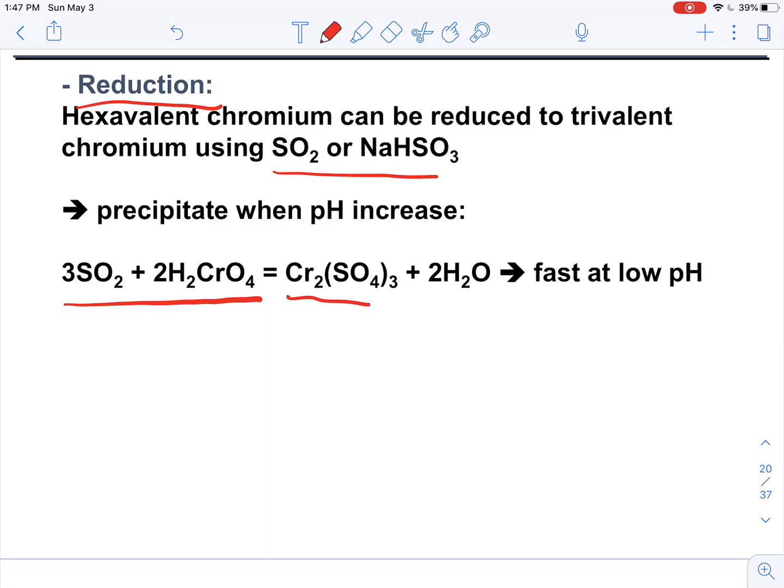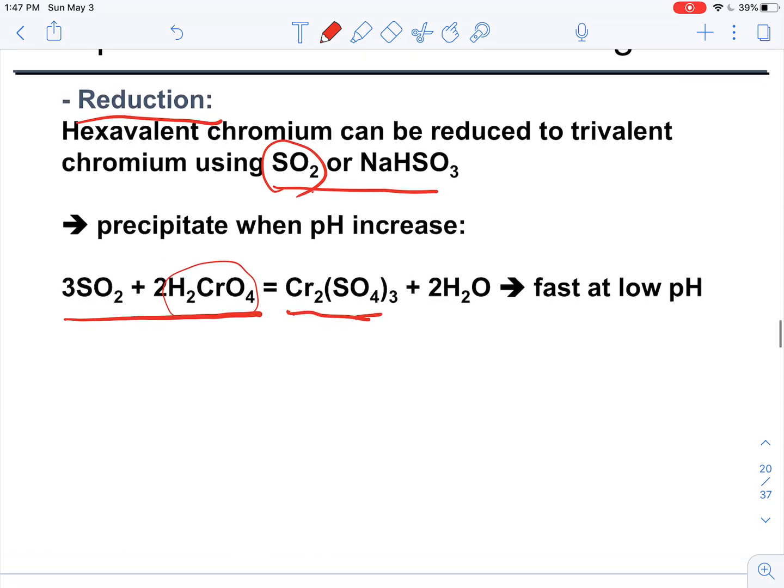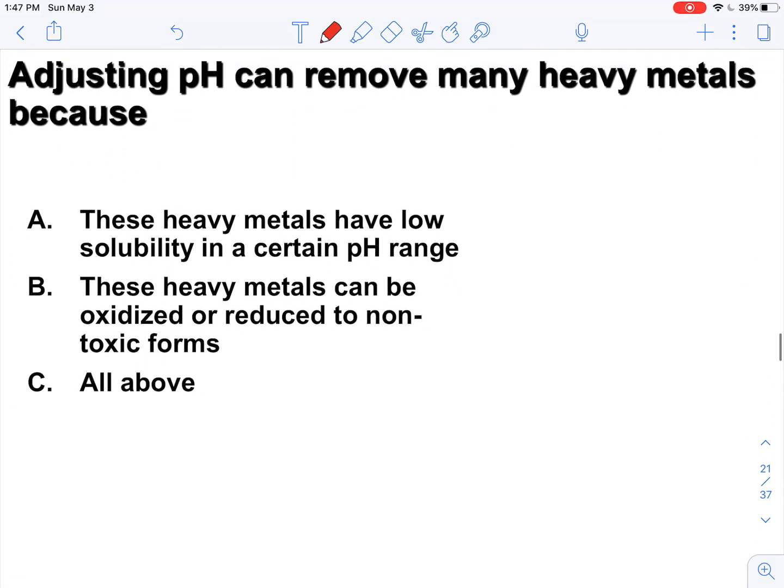That's by pumping in the sulfur dioxide, right? The sulfur dioxide can be oxidized by the chromium into the sulfate, and we know that the chromium sulfate is precipitable, which has a low solubility, right? So we can remove these heavy metals from the water.